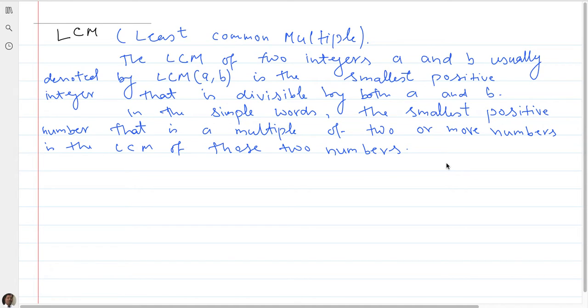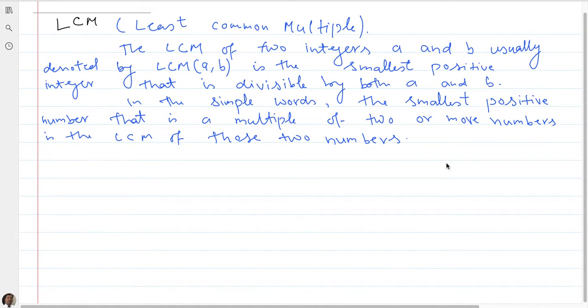What is the use, I will discuss later. So there is one formula to find the LCM. I will put the heading, formula of LCM. LCM stands for least common multiple.